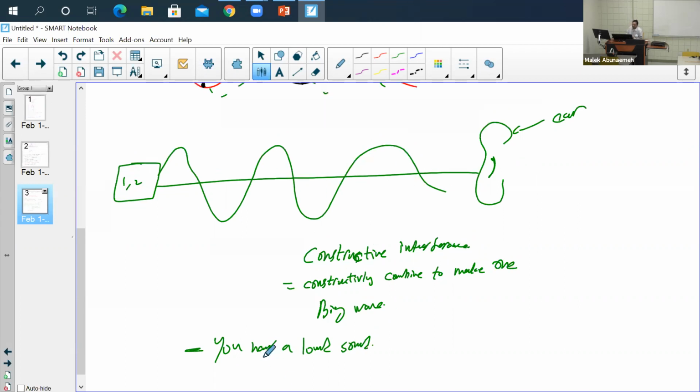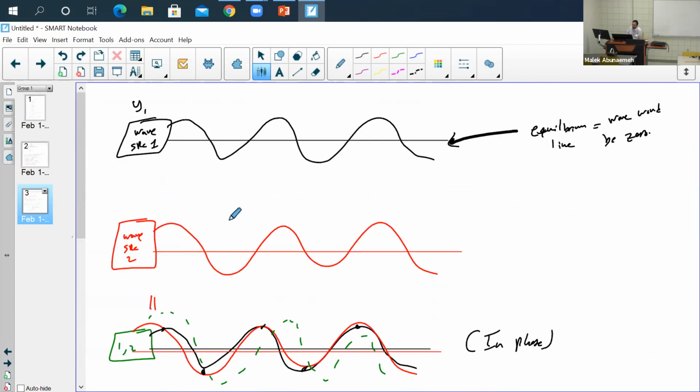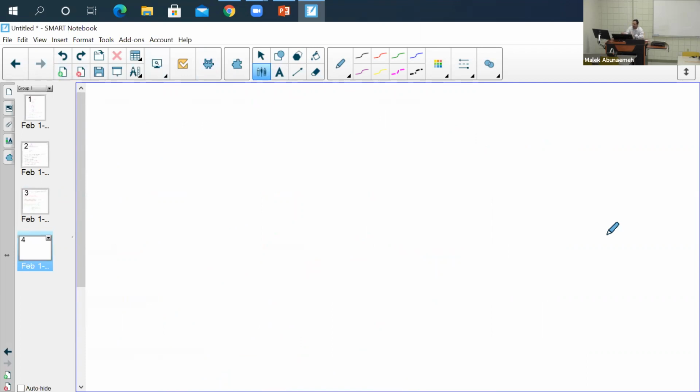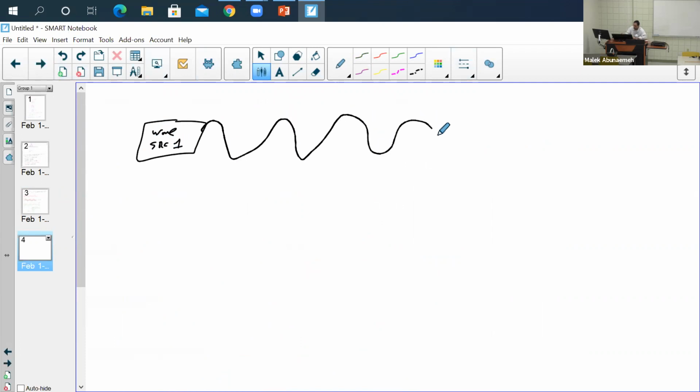Now, supposedly we have the same thing, but let's say our waves right now are out of phase. So let's say you got your source one, that's going a wave like, and here's your equilibrium line. Wave source 2. Actually, this is a little bit big.